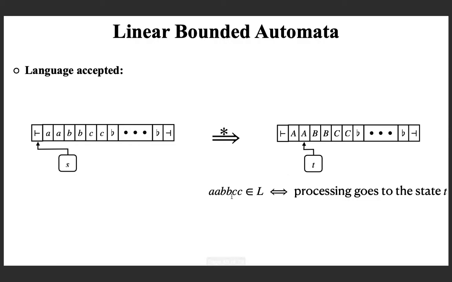So the input here, a square, b square, c square, is in the language if and only if the processing goes to the state T. If the processing takes the automaton into the state T, then it is accepted.